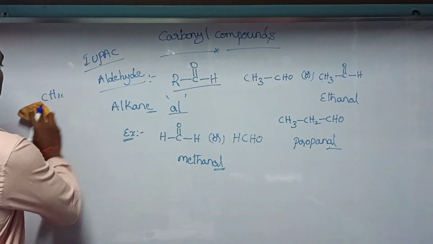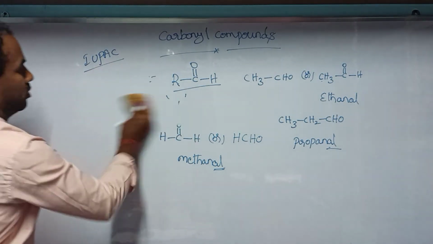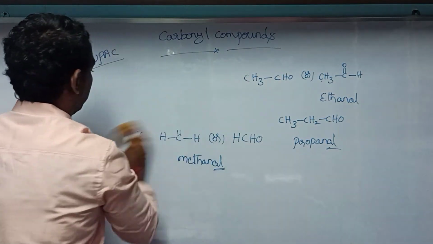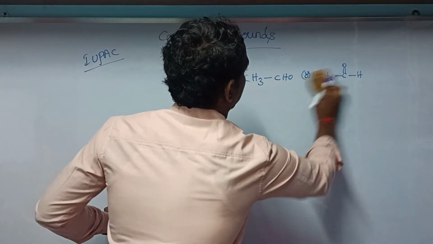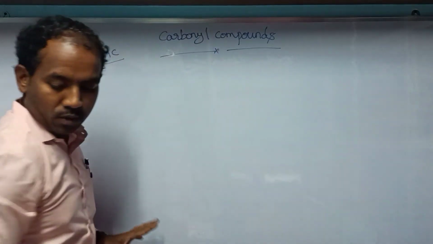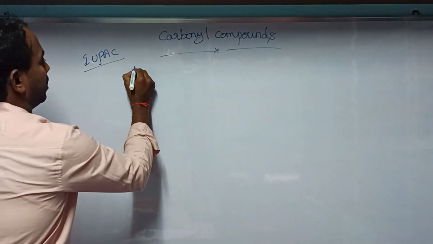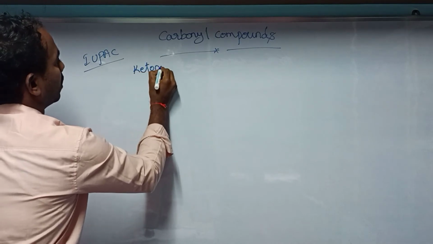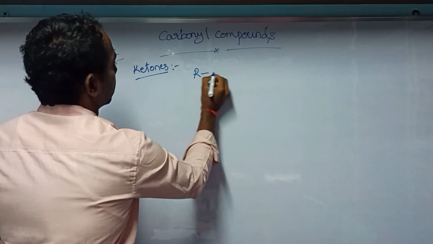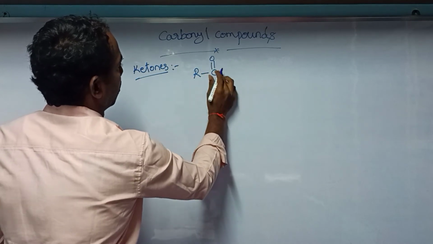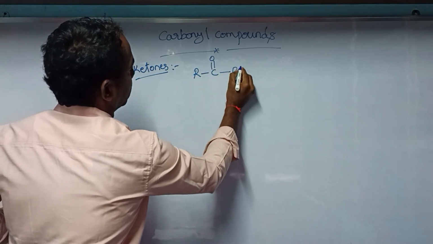How to give the IUPAC names for ketones. As we discussed here, what is the general representation of ketones? In ketones, the carbonyl functional group C double bond O is connected to alkyl groups on both sides.